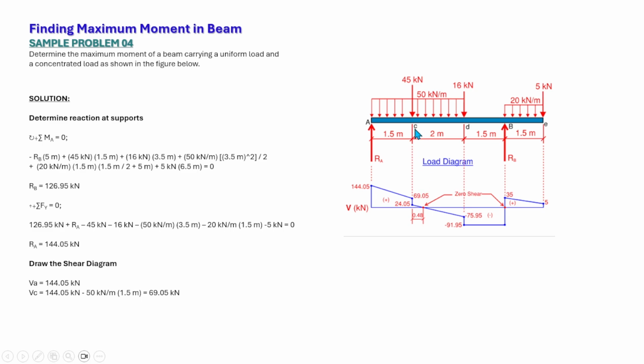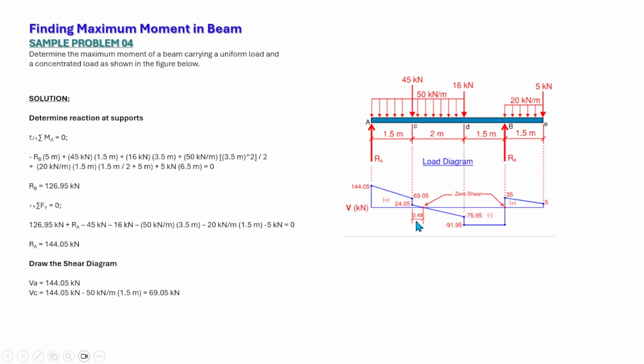Now, between point C and D, we have a uniform load. Again, we have the linear first degree. So at this point, if you notice this one, we have a zero shear. The transition between the positive shear to the negative shear. Which means at this point, this is the zero shear. And remember, at zero shear, that is the location of our maximum moment at this point.